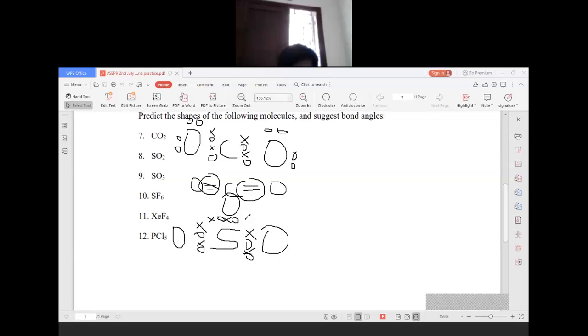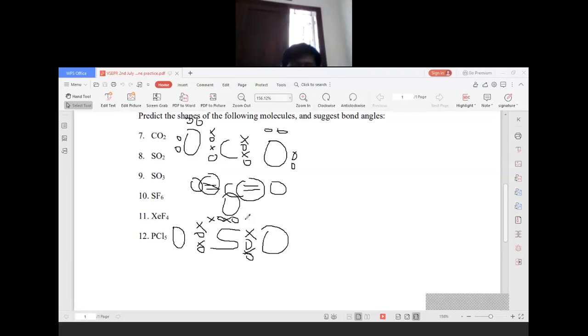Now let's see XeF4. Xenon has 8 electrons in the outermost shell. 4 are already occupied with fluorine, and there are 4 remaining, which divide into 2 lone pairs.